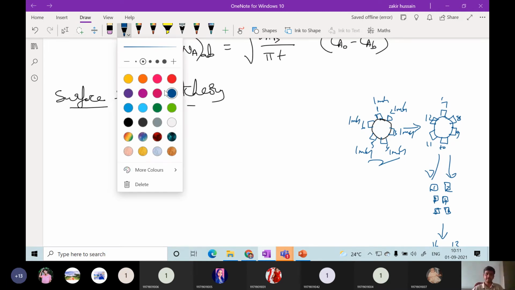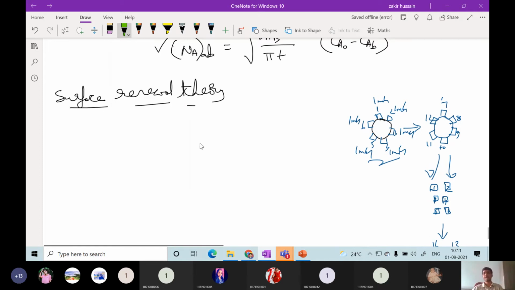But in the surface renewal theory, all the packets will have an equal probability of being replaced with a fresh element. For example, this is a bubble. Onto the bubble there will be some liquid packets or liquid elements, 1, 2, 3, 4, 5 packets.